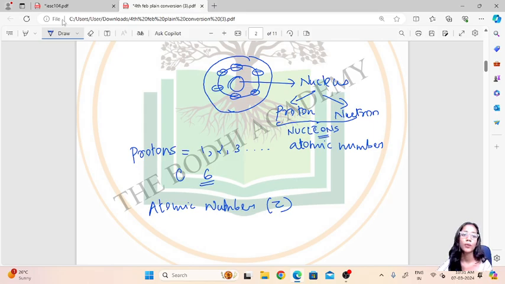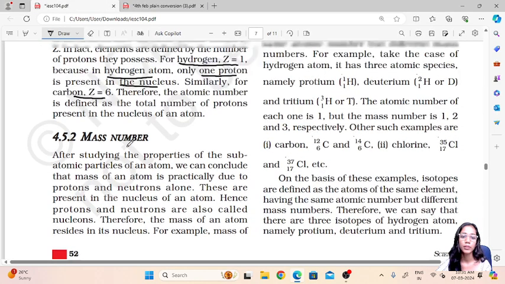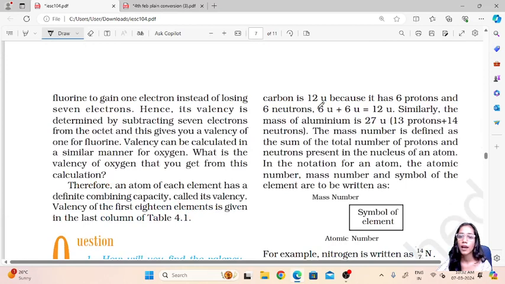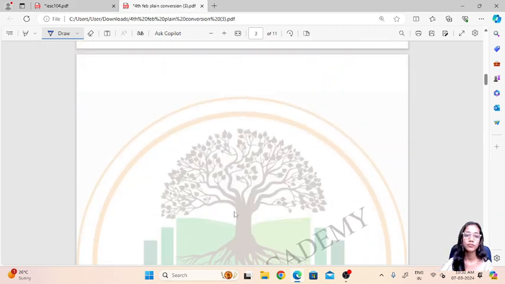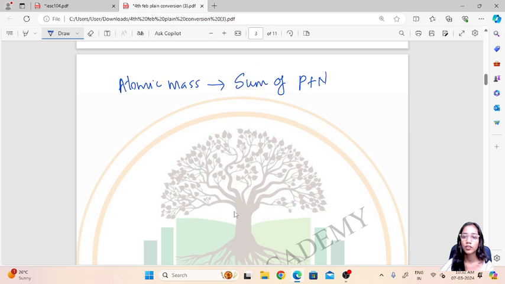Now for example, the mass of carbon is 12 units because it has 6 protons and 6 neutrons. So atomic mass is given by the sum of protons and neutrons.